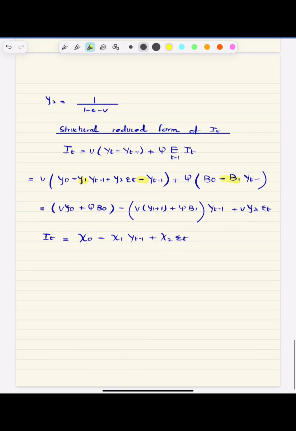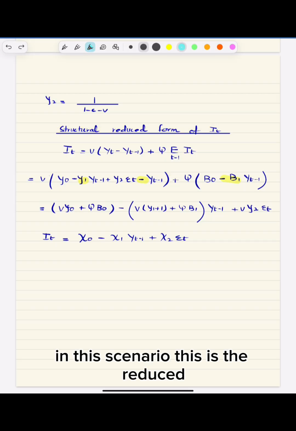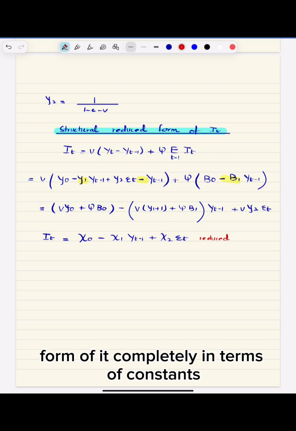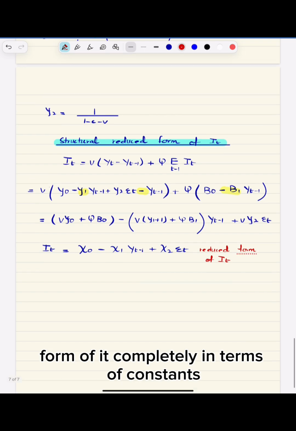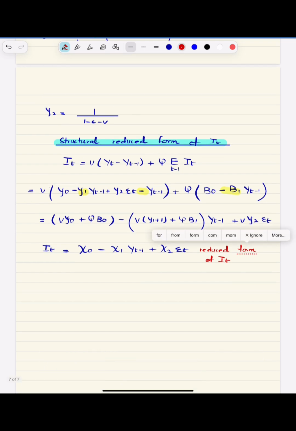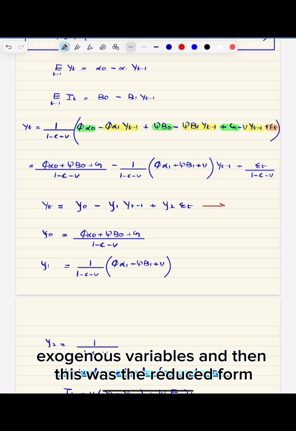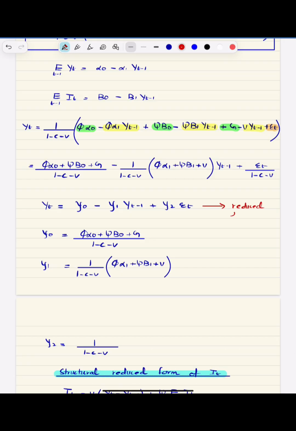So in this scenario, this is the reduced form of it completely in terms of constants and exogenous variables, and this was the reduced form required of income.